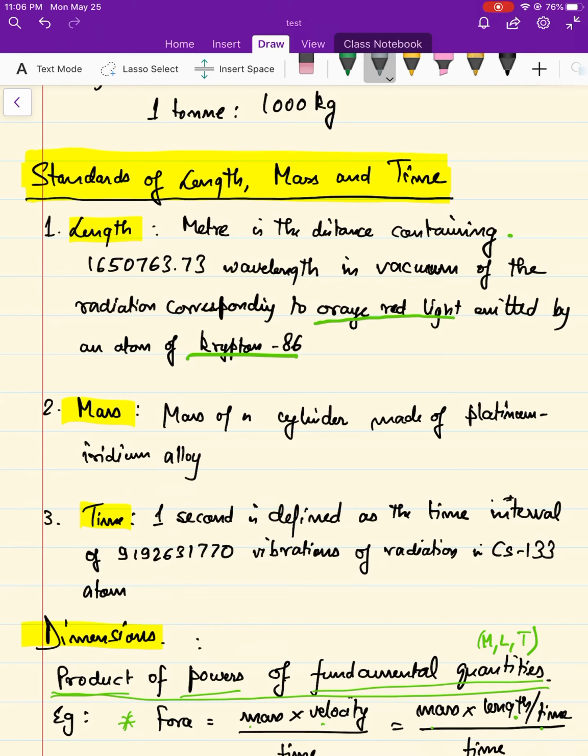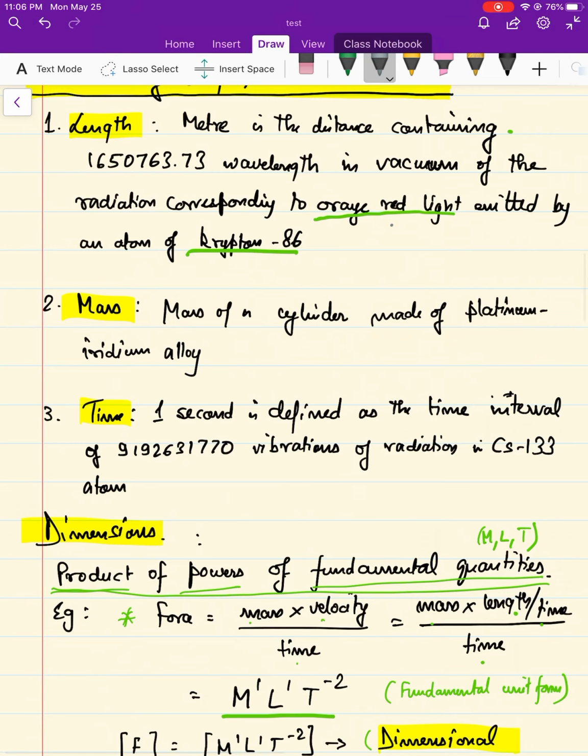The meter is the distance containing 1,650,763.73 wavelengths in vacuum of the radiation corresponding to the orange-red light emitted by an atom of krypton-86. This is simply a work of experiment, and that's how they came up with a distance for the meter, and it's fairly accurate. The accuracy is what matters in all these experiments.